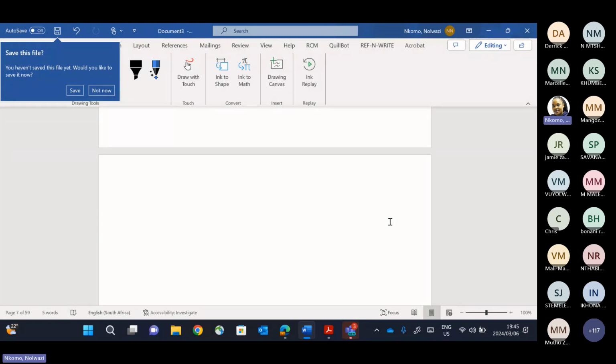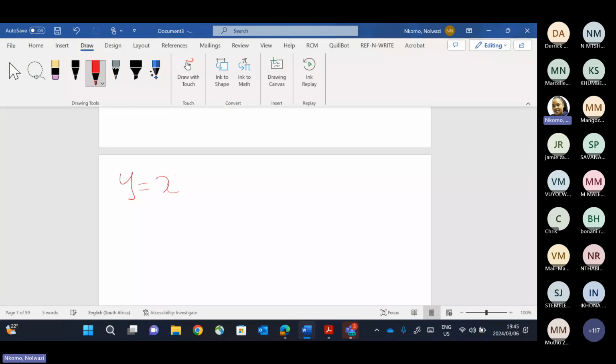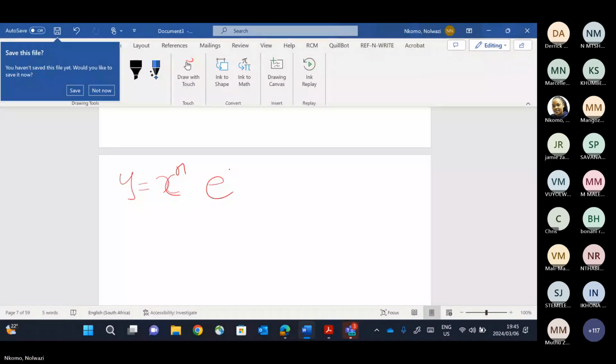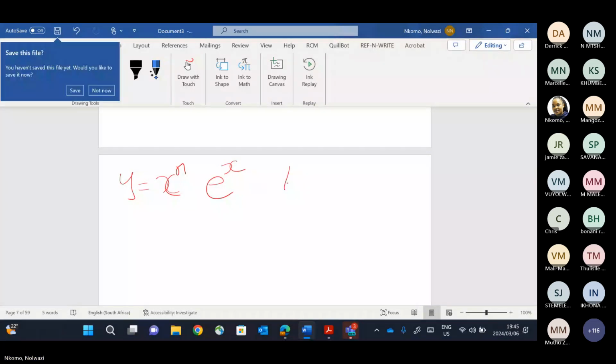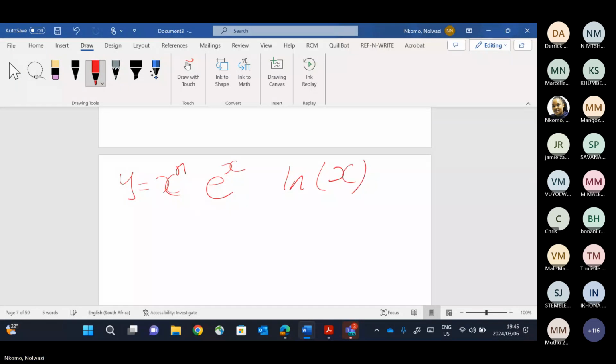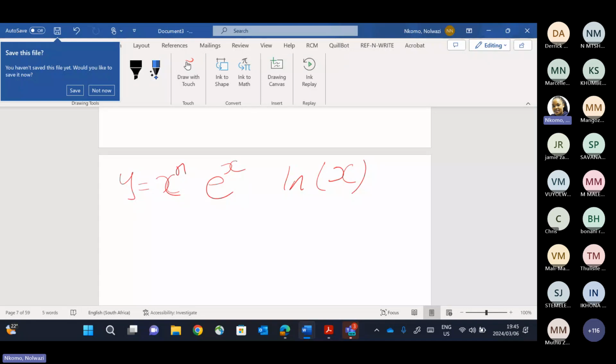Okay, let's go back to our rules. We have a rule for finding x to the power n, right? We have a rule for finding e to the power x. We have a rule for finding ln x.